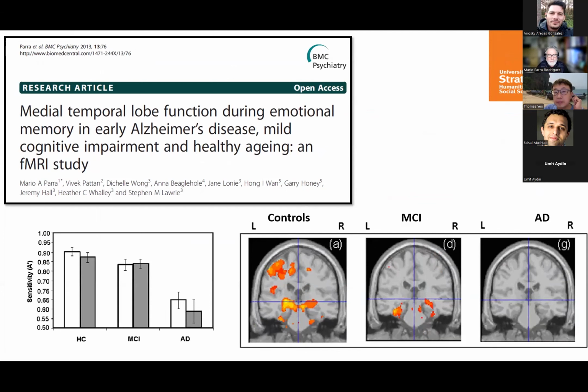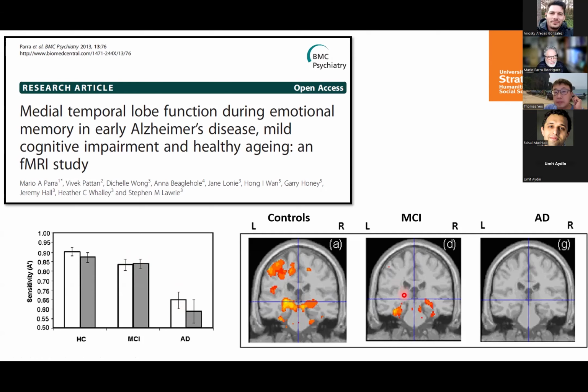And what we found in this study, in a nutshell, is that behaviorally, patients with mild cognitive impairment and healthy controls show a very similar level of performance across the different task conditions. There was a slight drop in MCI, but there wasn't a major dissociation across task conditions, meaning identifying emotional versus neutral images. Something that we didn't see in patients with Alzheimer's disease dementia.